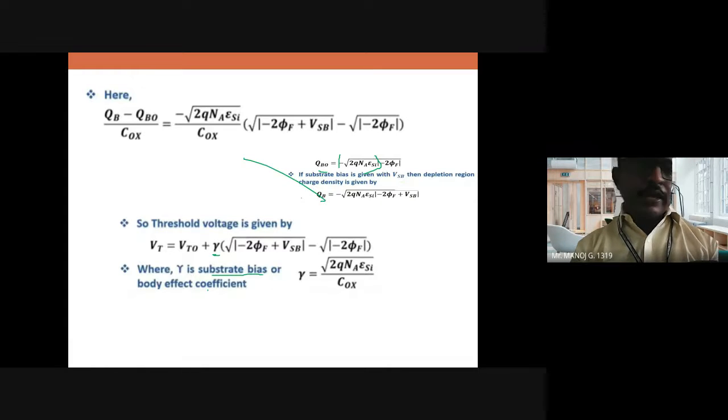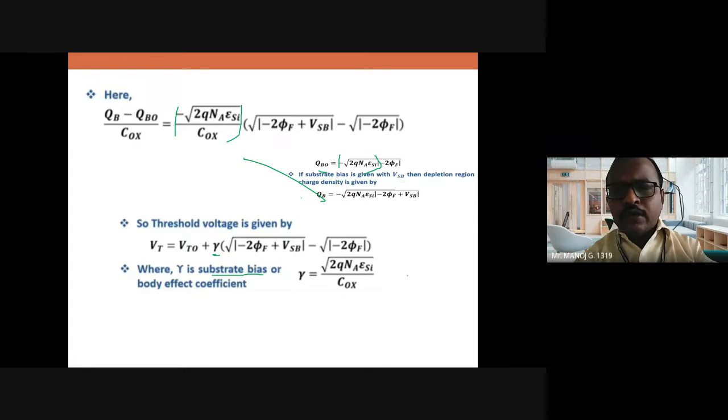This whole thing changes to gamma, which is given to be root of 2q Na into epsilon Si by COX. That is the expression for gamma, multiplied by this particular value.